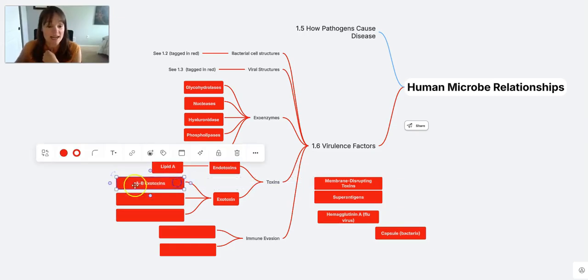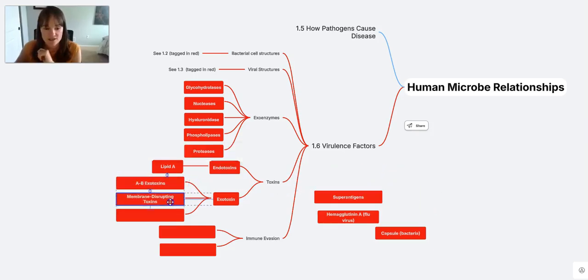That helps you a lot. AB exotoxins, which the definition and the learning activity should describe to you what they do. We also have membrane disrupting toxins, and we have super antigens. So all of those are important to know the glossary terms, but it's also just as important to categorize them in your mind as an exotoxin, which is a virulence factor.